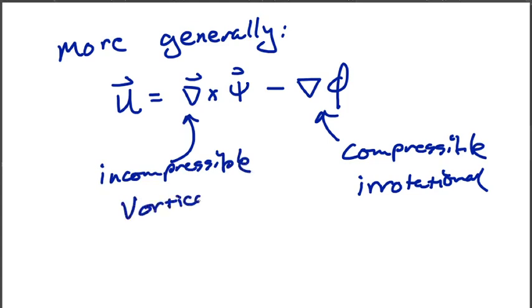And here we've decomposed our flow into these two components, these two projections. And this can be very powerful for picking apart which parts of a flow are acting in an acoustic-like way, in a compressible or sound-like way, and which parts of the flow are acting in an incompressible, vortical sort of fashion.